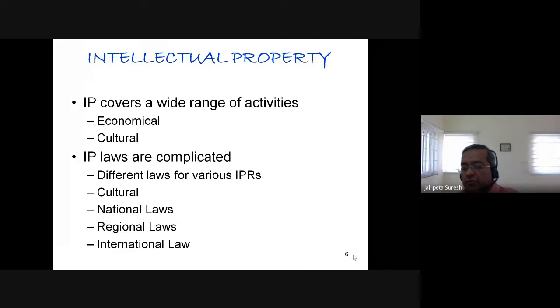The European Union has a patent law which covers the entire European Union, and of course international treaties like TRIPS. So these IP laws are complicated by virtue of this diversity, and also because it is a techno-legal activity that it is going to address.